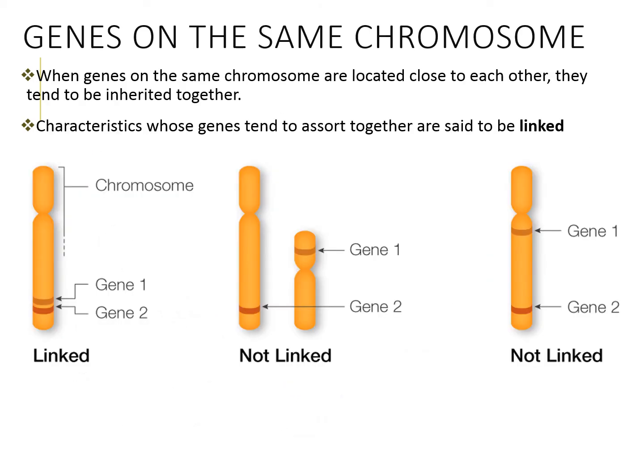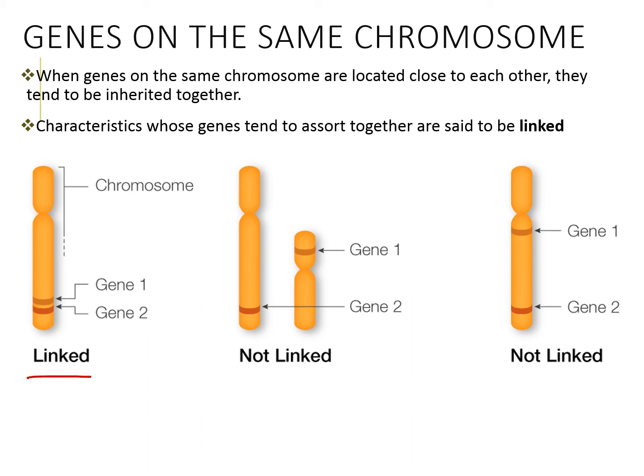Genes on the same chromosome. This is a totally different topic and is kind of interesting, maybe. When genes on the same chromosome are located close to each other, they tend to be inherited together. Characteristics whose genes tend to assort together are said to be linked. So, linked genes and linked traits.